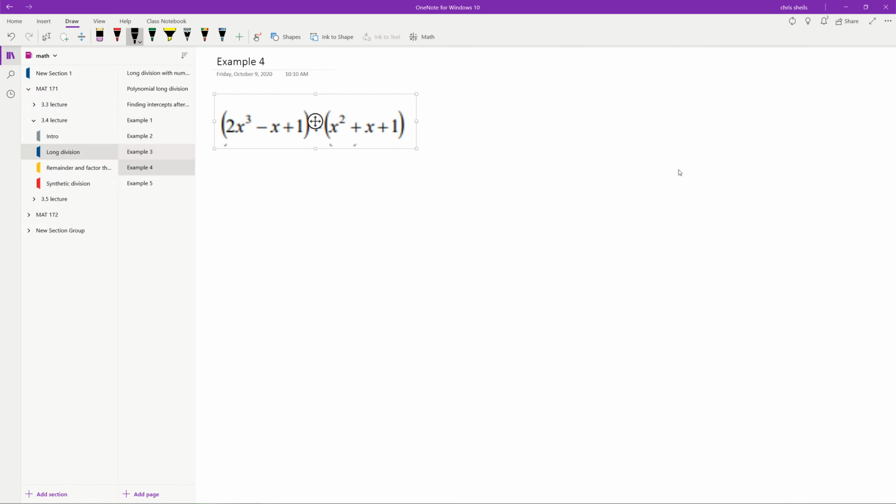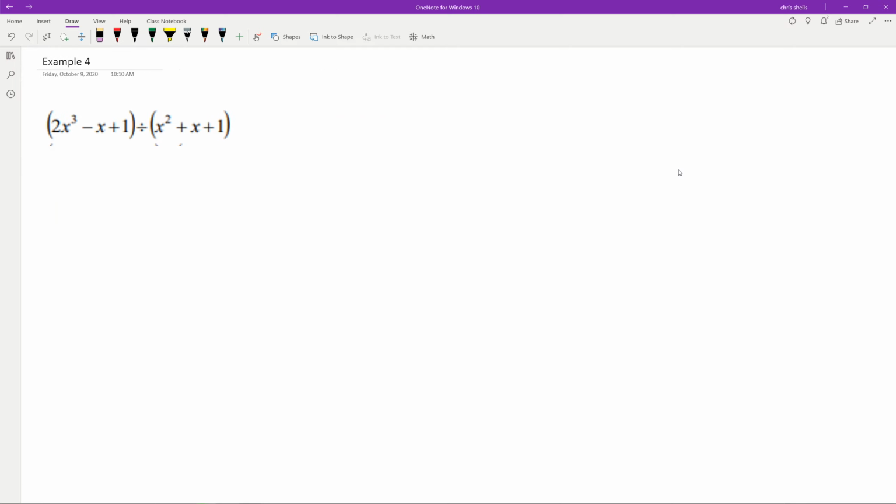A few more examples. I can divide by things that are not linear also. I can divide by a quadratic. Same idea.